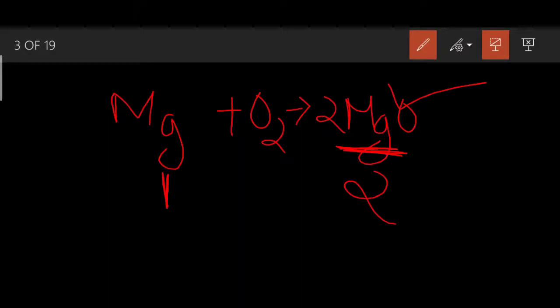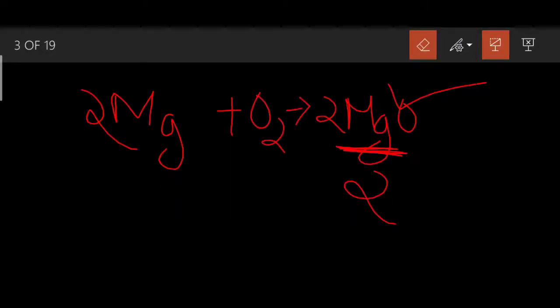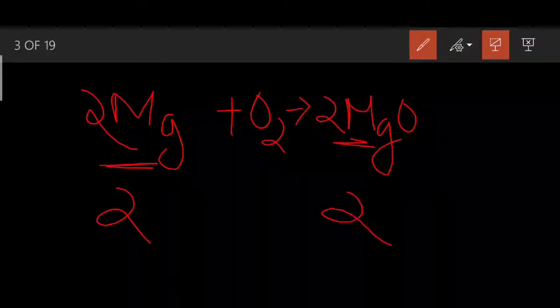For balancing it again, we will simply write 2 here. Now it's perfectly balanced. Here Mg is 2, here Mg is 2.